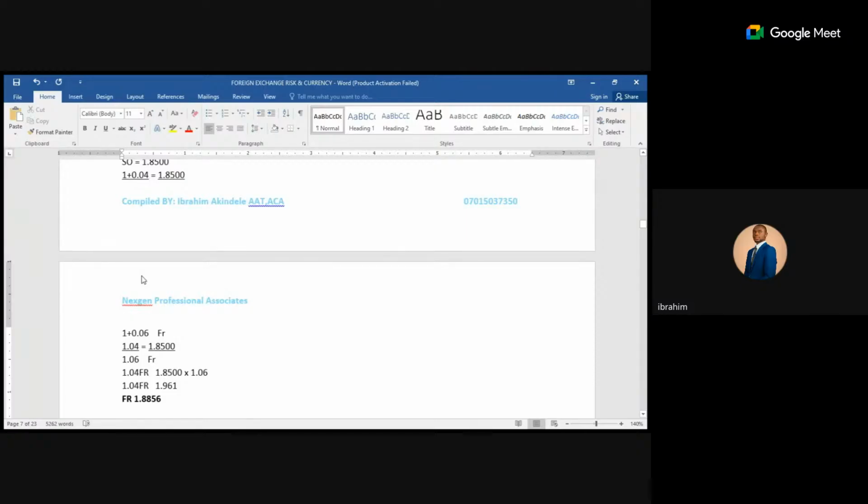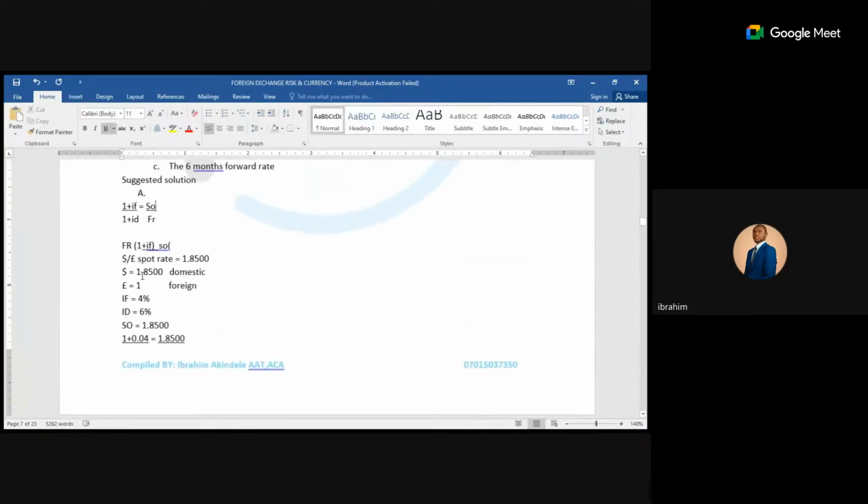With which formula? The one you want to write now. Okay, so I think the ID should be up while IF should be down. It will give us the same thing. Let me not waste your time.